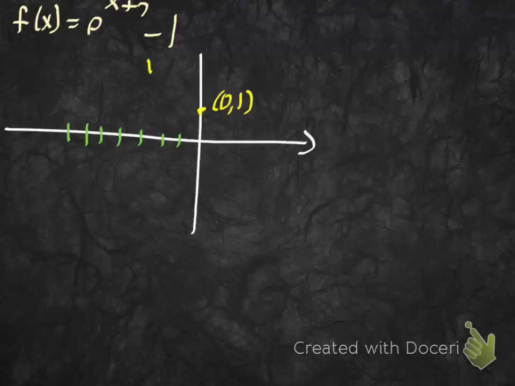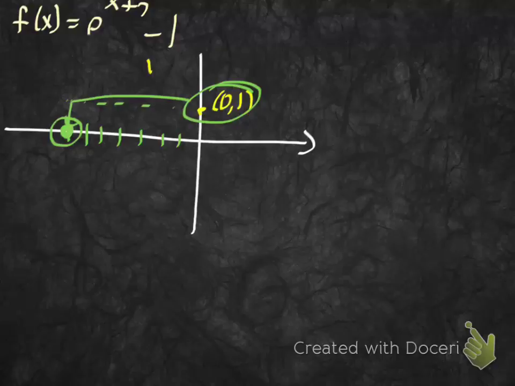And down 1. And so if I go down 1, that means I am going down to here. That's that new point. It has moved there.